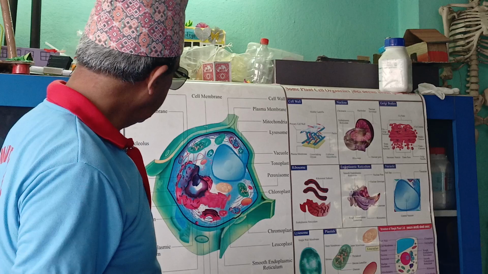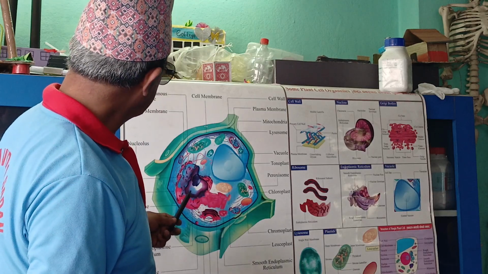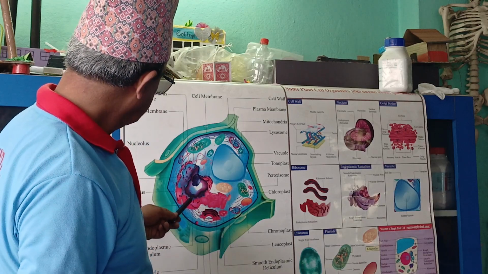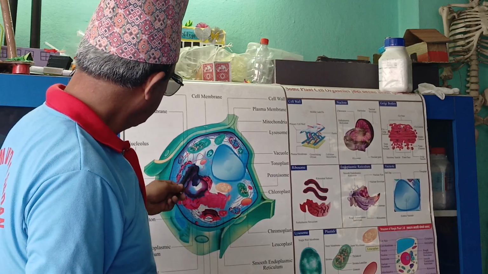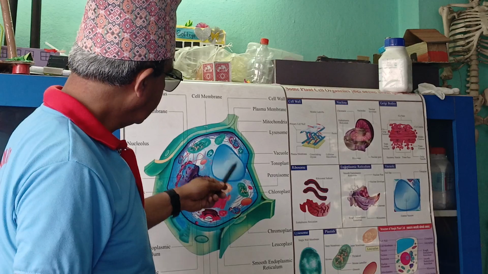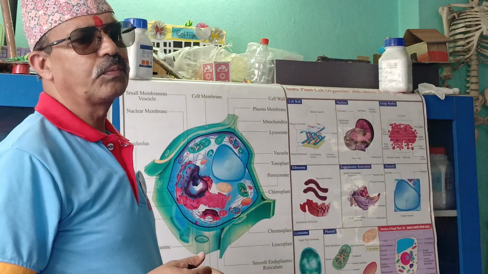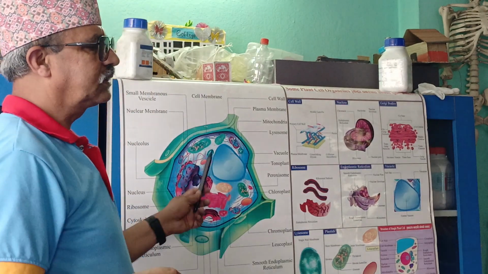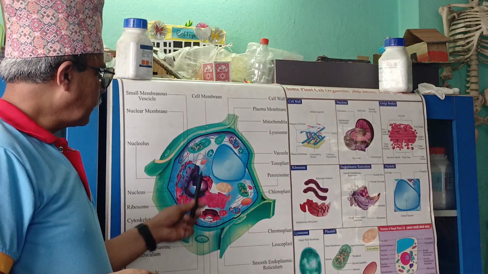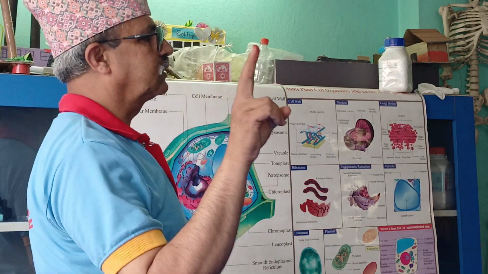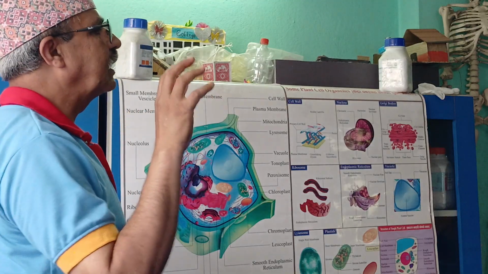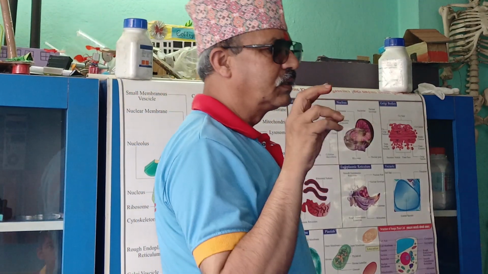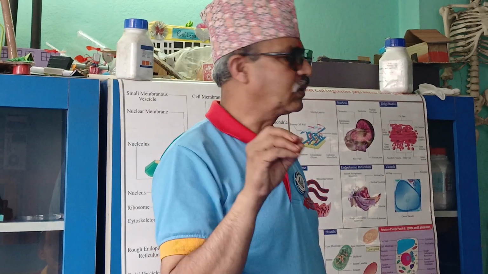One is nucleus. This is the nucleus, right? Yes, the nuclear membrane means this is the nucleus, and the rest of the other parts is called cytoplasm. Nucleus and cytoplasm. Again, cytoplasm contains two types of substances: cell organelle and cell inclusion.